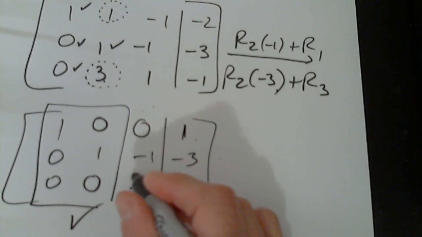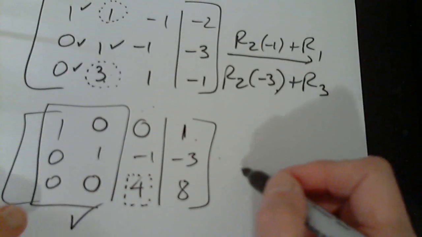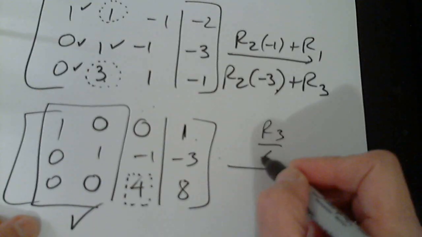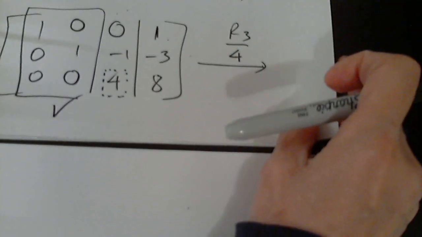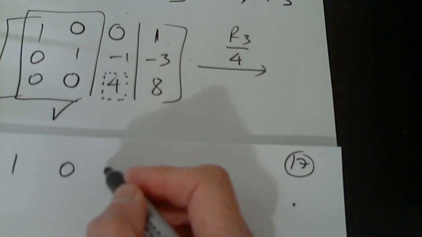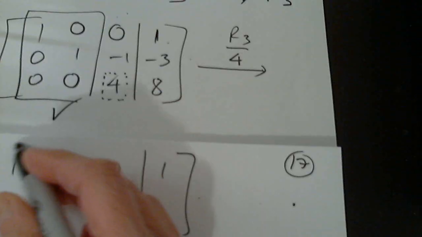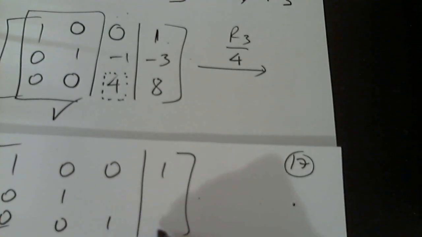Now I need a 1 here. No problem. I'll divide row 3 by 4. One, 0, 0, 1. 0, 0, 1, 0, 1, 2.